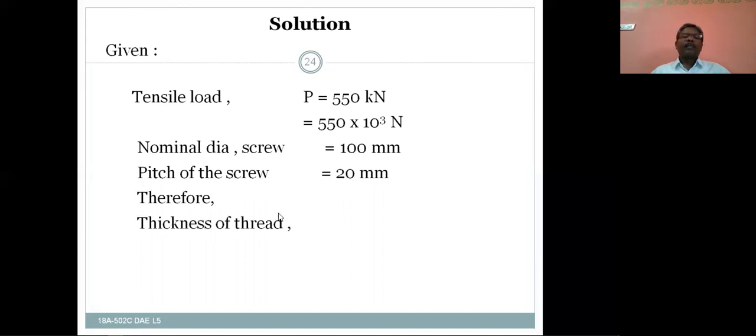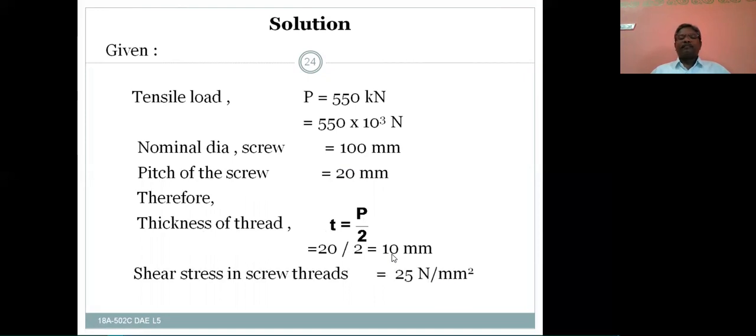The thickness of the thread T is equal to P by 2, that means pitch by 2, which gives 10 mm. And the shear stress in the screw threads is 25 newtons per millimeter square, which is given.